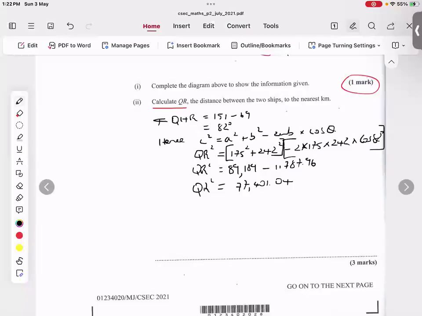All right, so QR is equal to the root of 77,401.04. All right, and what's that? Somebody's saying that it is 278.21 kilometers. And that's it. That's your answer.